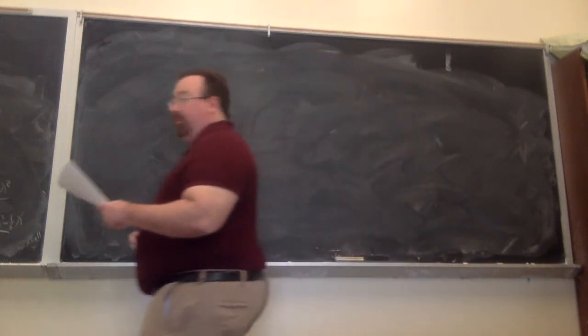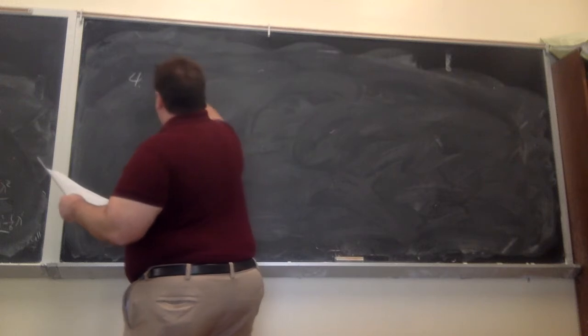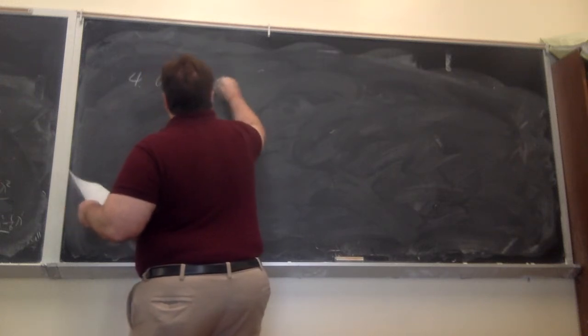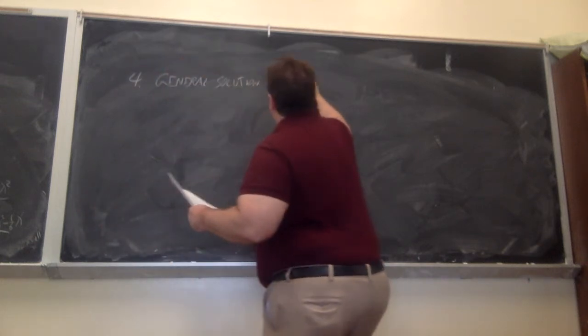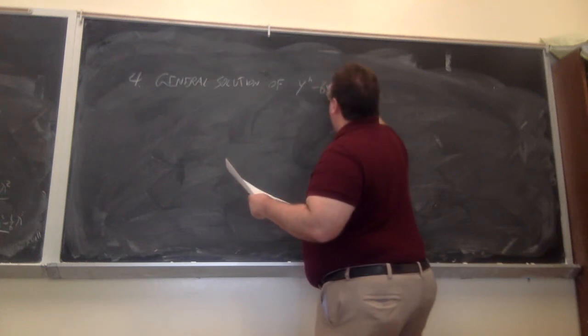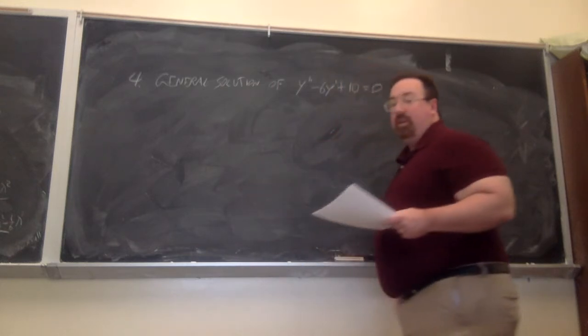All right, so this fourth problem will also be a relative quickie. Again, asked to find a general solution of y double prime minus 6y prime plus 10y is equal to 0.